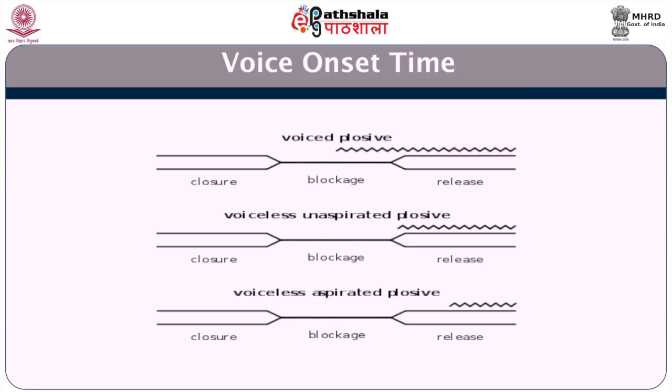For every plosive there is a closure phase when the lips are closed, pa or ba, and then if the vibration starts during the blocked phase, when the lips are still closed, if the vocal cords vibrate, then you generate what is known as a voiced plosive, which is bha or dha or gha.